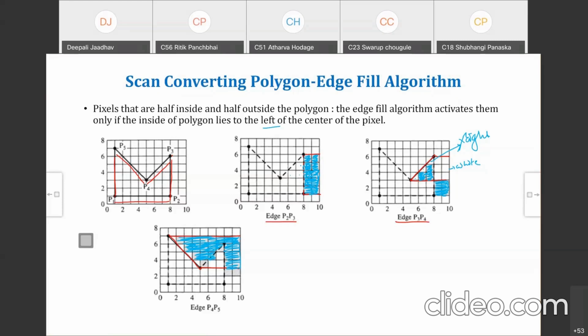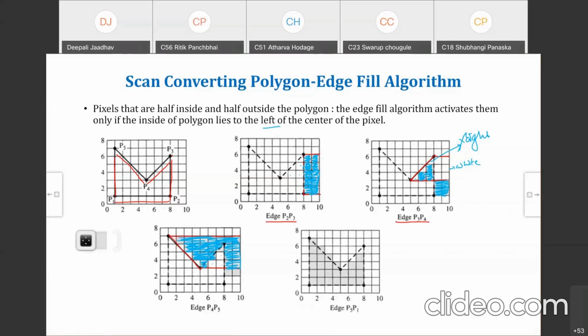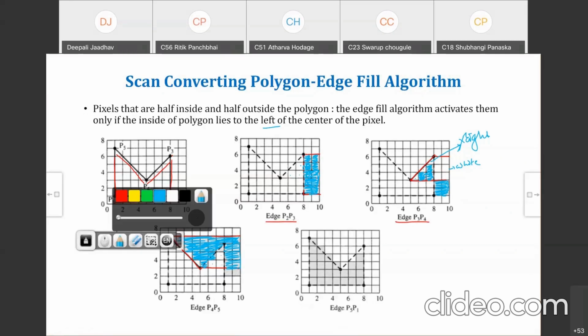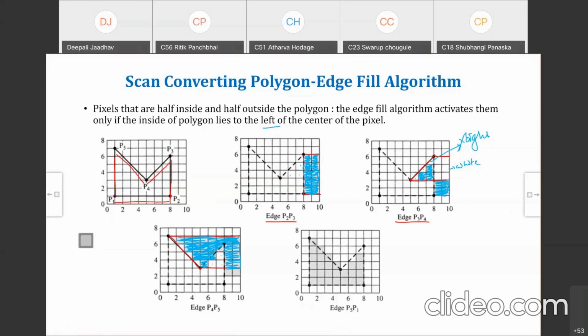Okay. And these three, sorry, 1, 2, 3, these are in blue color. Now it becomes white. Complement it. Now after this we move towards the last line. So the last line, this one, that is P1, P5.